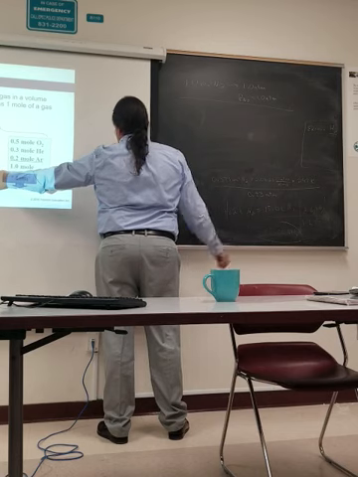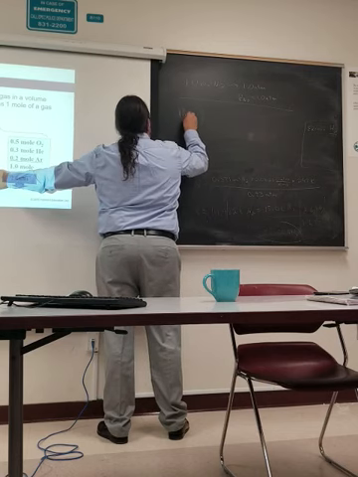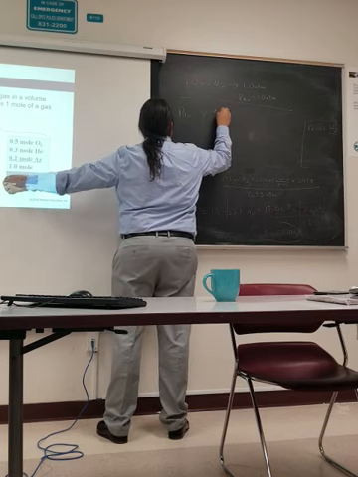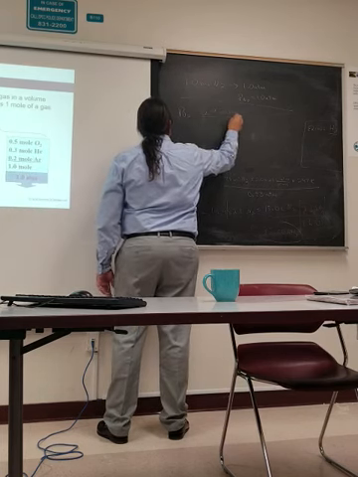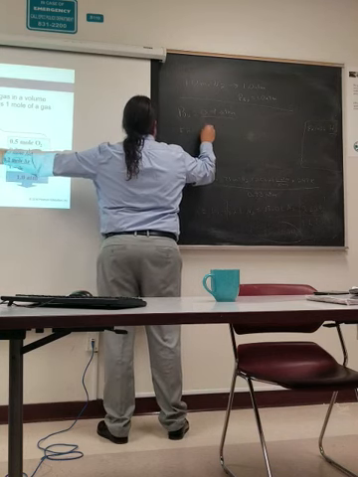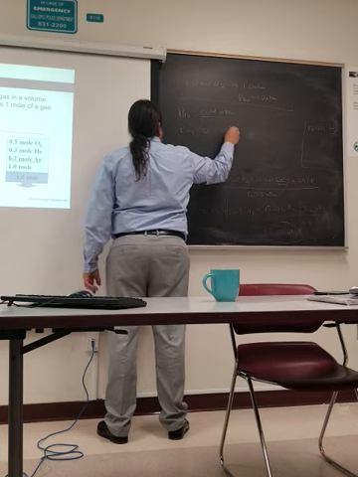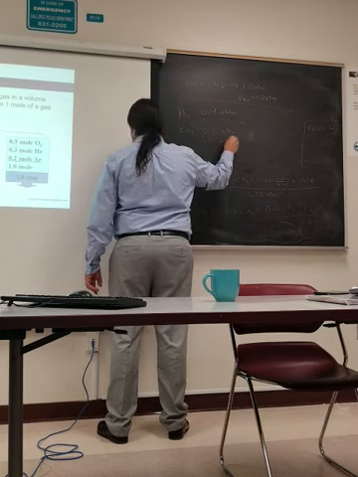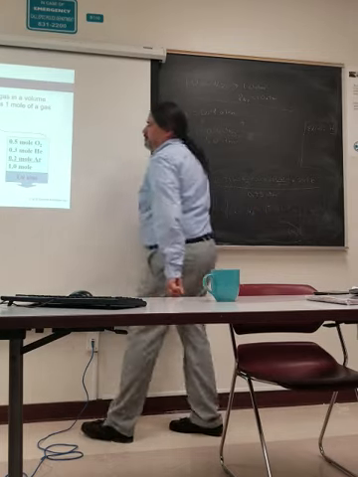That total is 1 pressure. So 0.4 divided by 1 is 0.4. And that's the partial pressure of oxygen. Partial pressure of helium then is 0.6. So we add those 2, then we get 1.